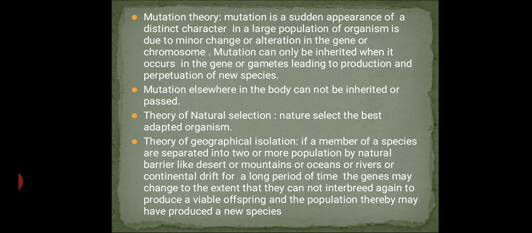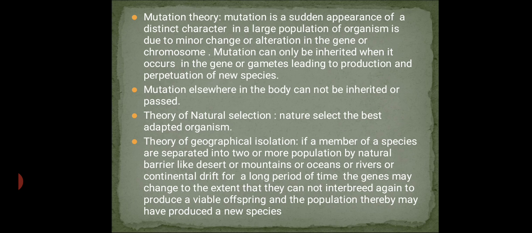Mutation that can be inherited is the one that affects the gamete or the gene of an organism. Mutation can only be inherited when it occurs in the gene. Anything outside the gene or gamete cannot be passed to the young ones. The second thing about mutation is that mutation elsewhere in the body cannot be inherited or passed.